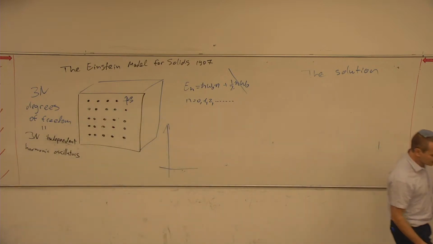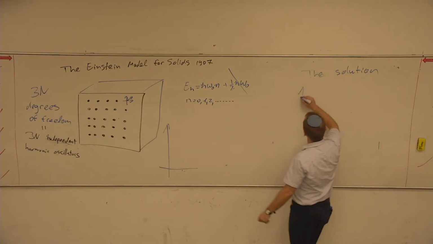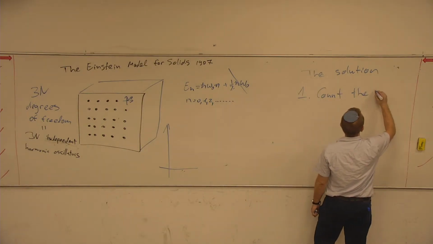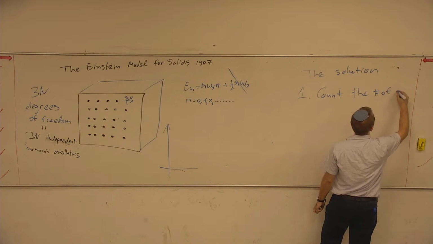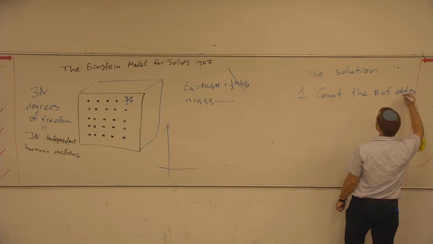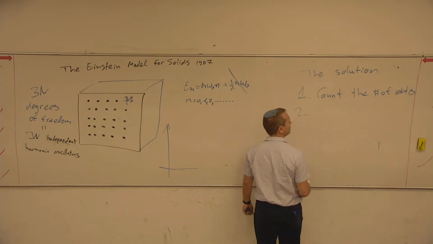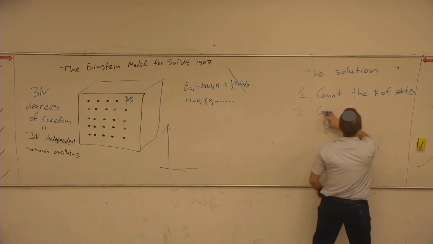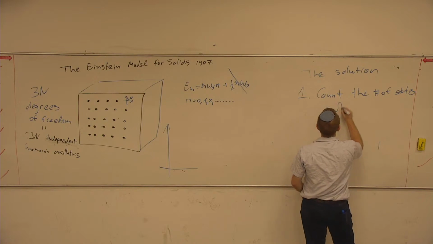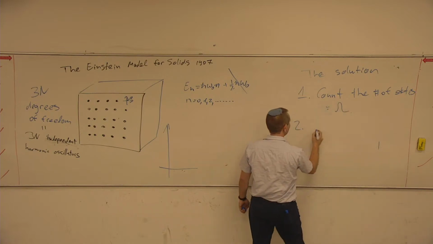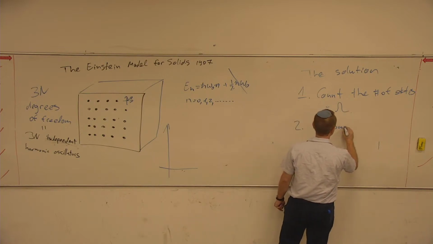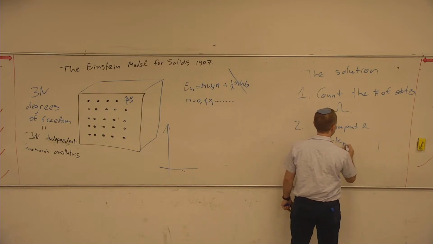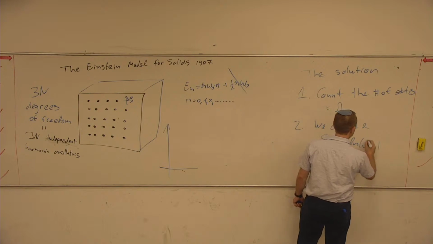Okay, so what are we doing in our solution? Number one, we count the number of states. How do we do that? We will see this in a second. Number two, we compute the number of states, which equals omega, and then we compute S equals k_B log of omega.